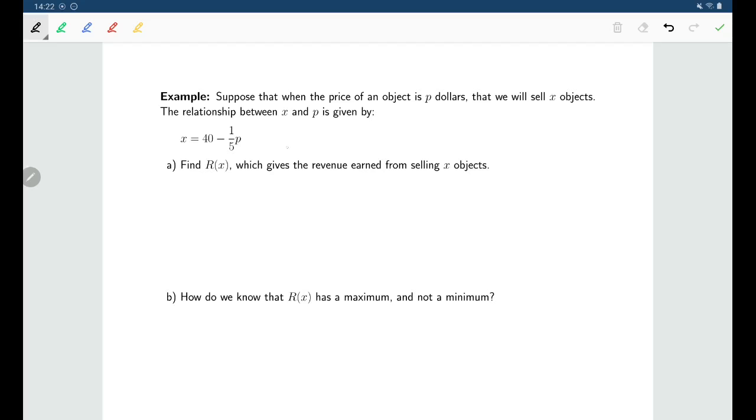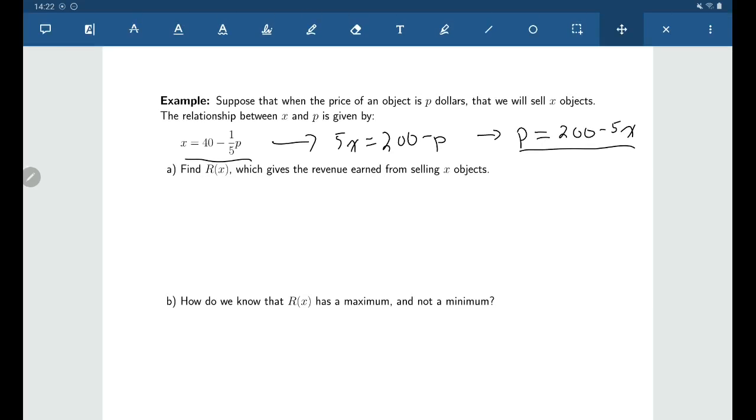You can also rewrite this equation in terms of P. You could multiply everybody by 5, and then bring the P over to the left side and the 200 and the 5X to the other side. So these are both equivalent ways of expressing the relationship between the number of items sold and the price that we're selling them at.